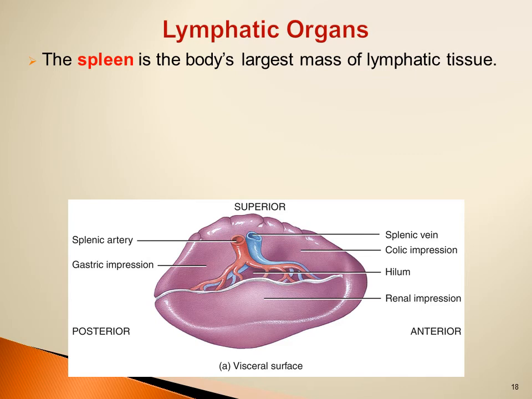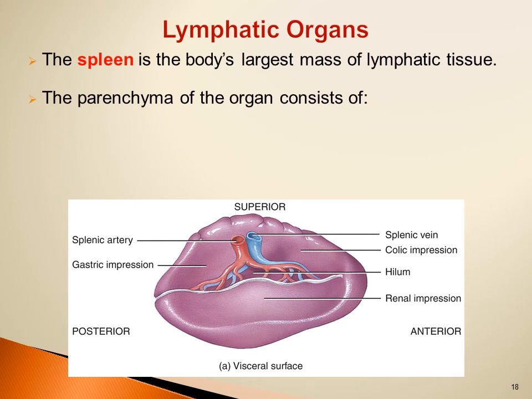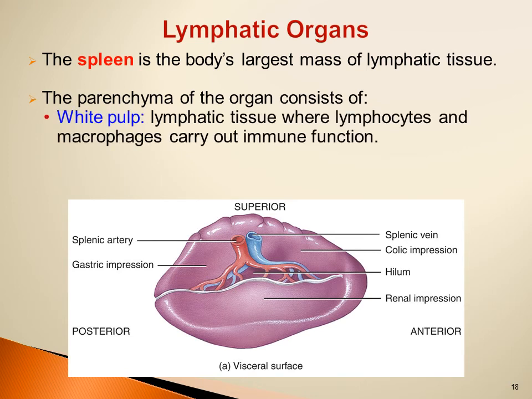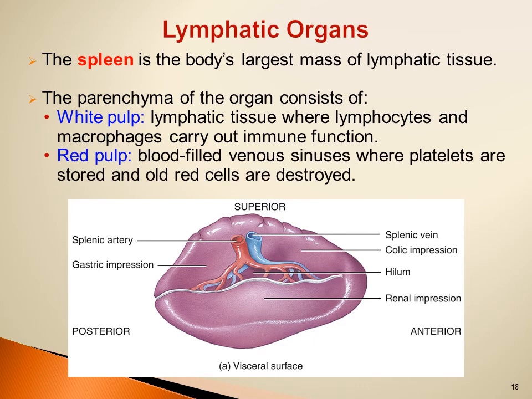The spleen is the body's largest mass of lymphatic tissue. The parenchyma of the organ consists of white pulp, which is composed mainly of lymphatic tissue where lymphocytes and macrophages carry out immune functions, and the red pulp, blood-filled venous sinuses where platelets are stored and old red blood cells are destroyed.